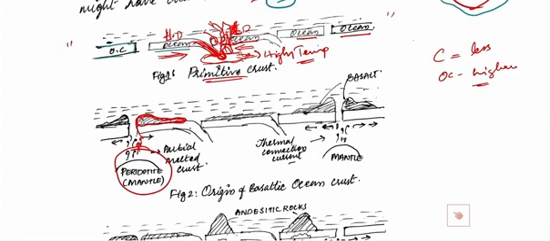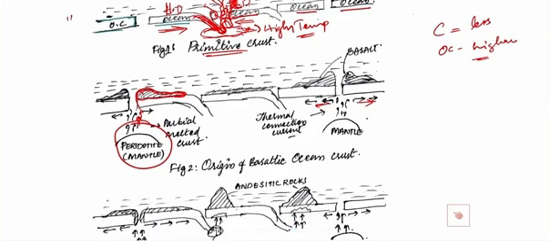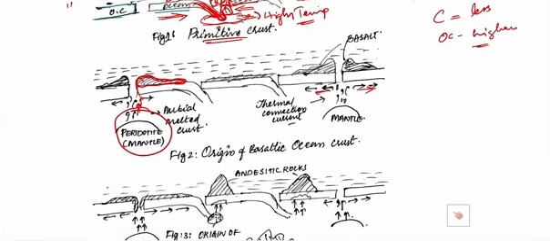Here compressional forces are acting, and there are divergent forces acting here. So these kinds of lava, or fold mountains, are formed, which results in the formation of a basaltic plateau, or simply the formation of islands.